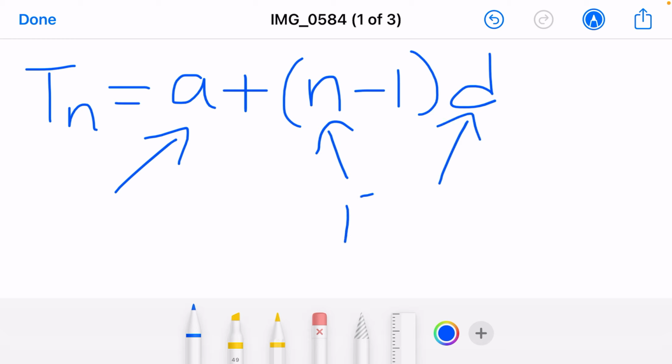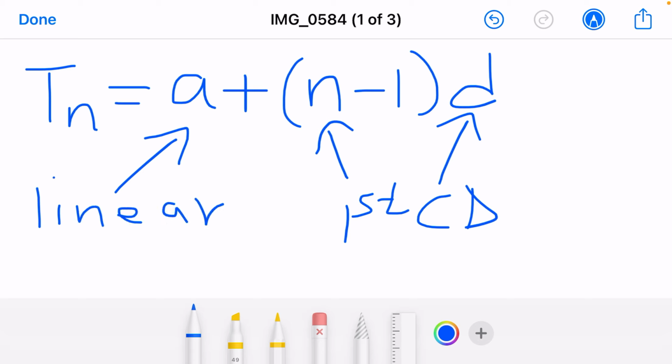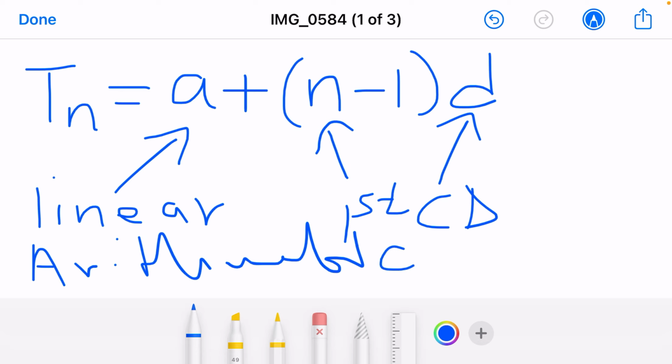I'm going to explain that shortly as soon as I'm done. This is the equation for a linear pattern, and again, for arithmetic.